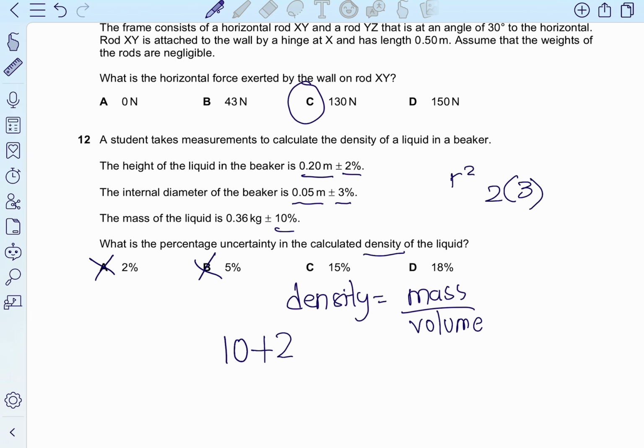That will make it 6%. So when you add up all of this, 10 plus 2 plus 6 gives you 18. Okay, so the answer is 18: 10 for the mass, 2 for the height, and 2 into 3 for the internal diameter, because we are raising the diameter value to the power 2 to find the area. Therefore the answer for 12 is D.